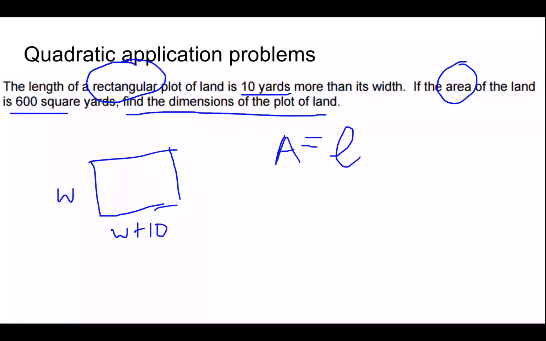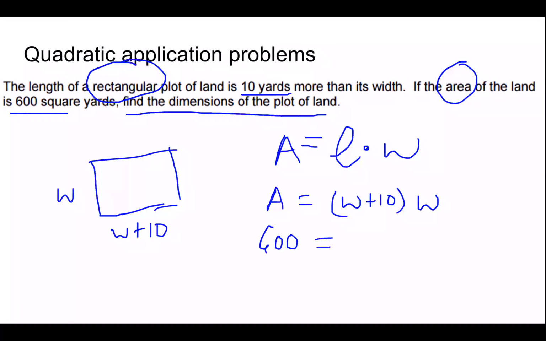Well, area is just length times width. Or in this case, area is equal to width plus 10 times width. And we know the area in this case. The area is 600. And we can do this, which would give us W squared plus 10W is equal to 600.